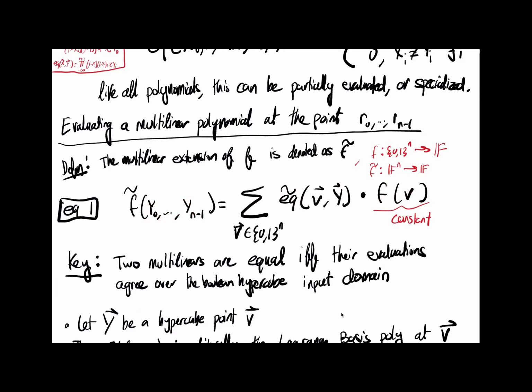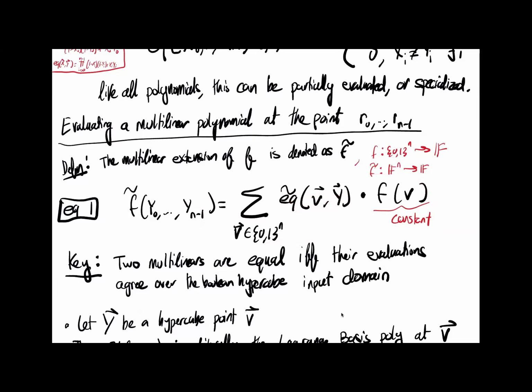Why? Let's say I were to pass in f tilde of all zeros. Then this term here would be 1 if and only if V was all zeros, right? That means that every single other term would basically be zeroed out, and the only thing that we'd have in this whole thing is 1 times f of 0, 0, 0, etc. plus 0 times something, plus 0 times something, plus 0 times something.